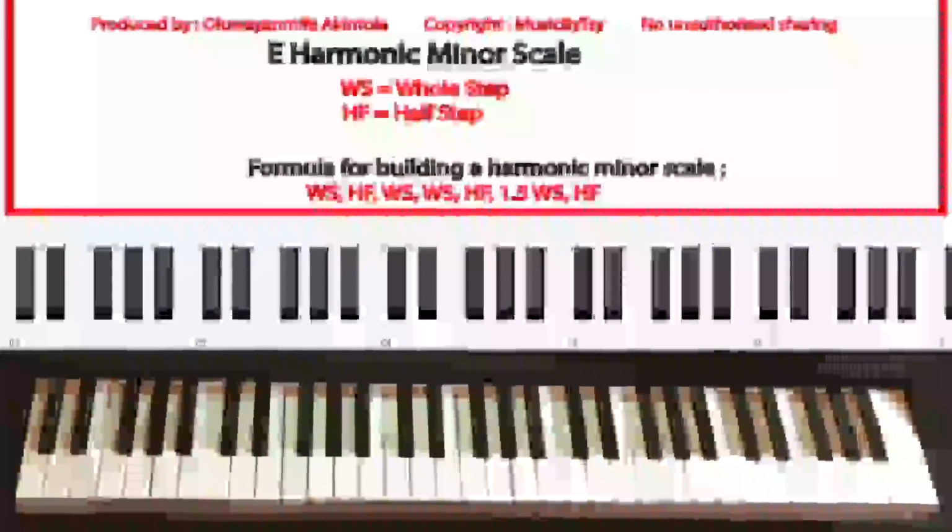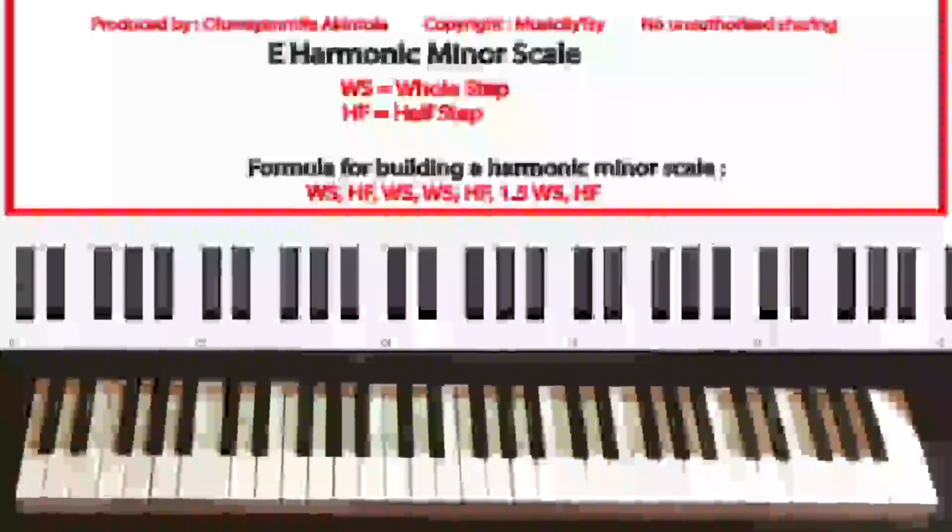That is, we can just increase the seventh note of the natural minor scale of that key by a half step, and that is going to give us the harmonic minor scale for that key. Now, the other method that we can use to figure out the harmonic minor scale for a key is to use the formula. In this lesson, we're going to be using both methods. So yeah, let's start.